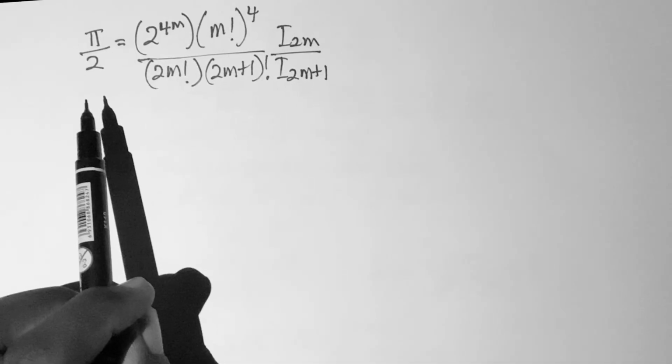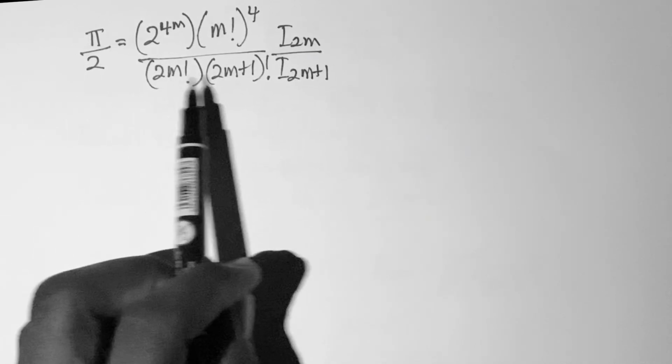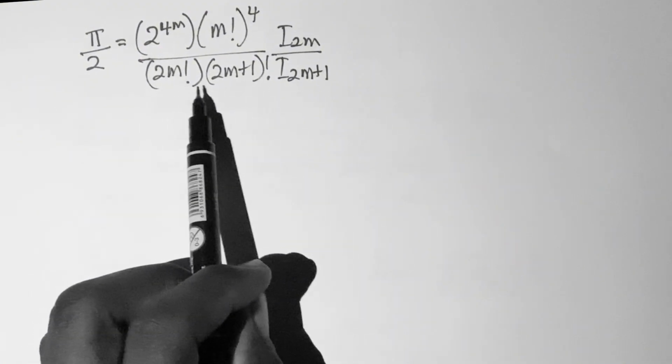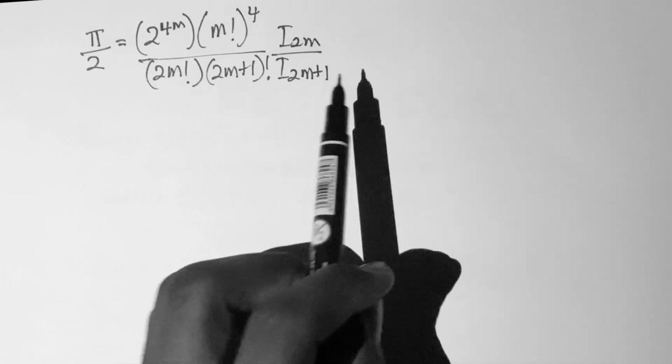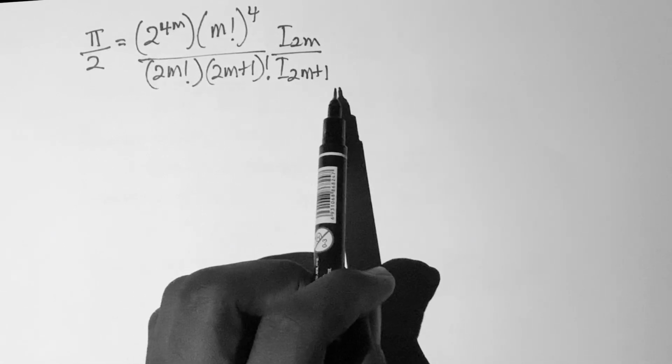So we got pi over 2 as equal to 2 exponent 4m times m factorial exponent 4 divided by 2m factorial times 2m plus 1 factorial, then times I of 2m divided by I of 2m plus 1.